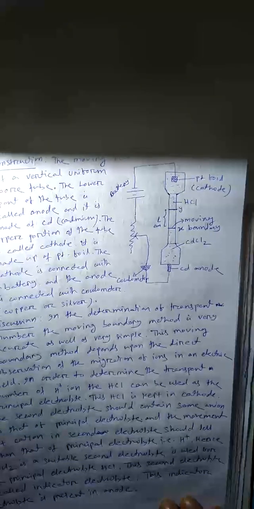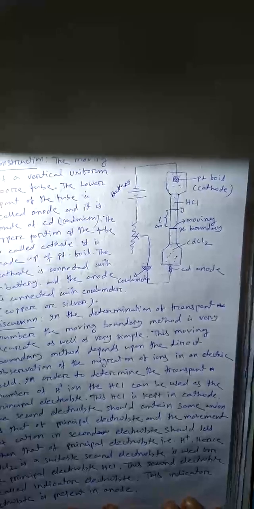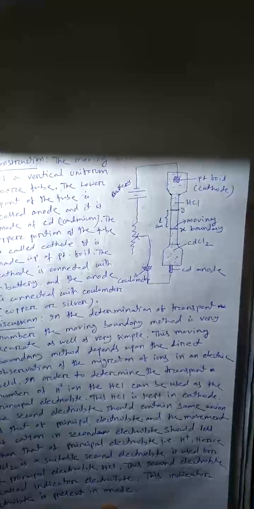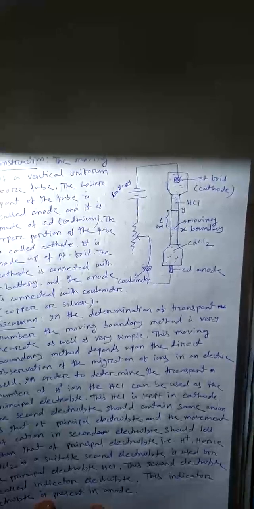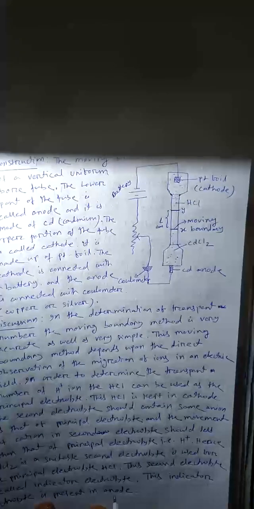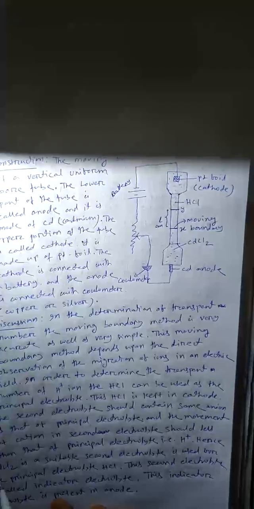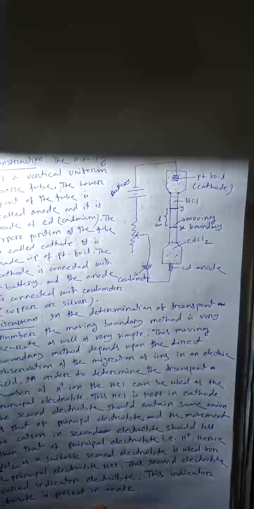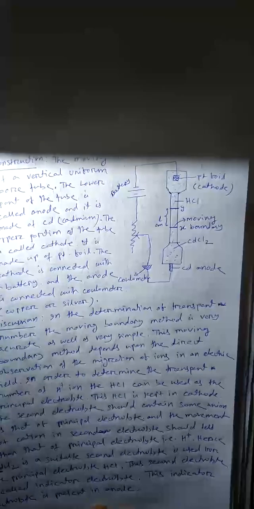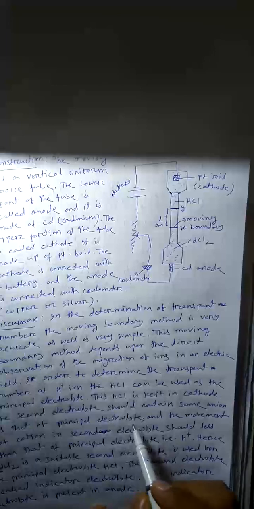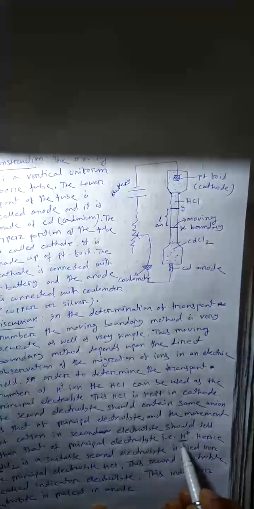That means you choose the second electrolyte in such a manner that the movement of the cation present in the indicator electrolyte, in this case cadmium, is less than that of the H plus ion.